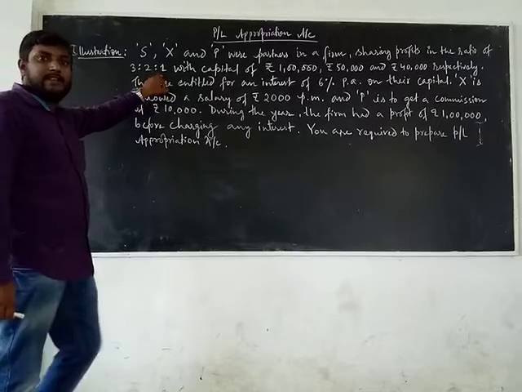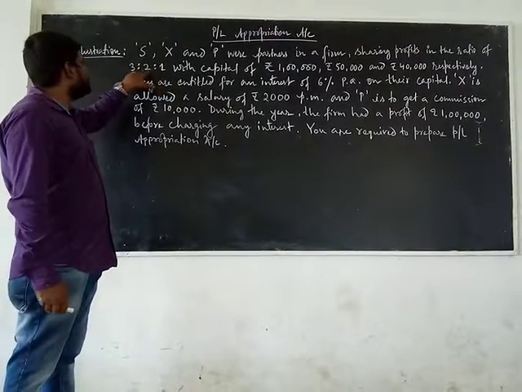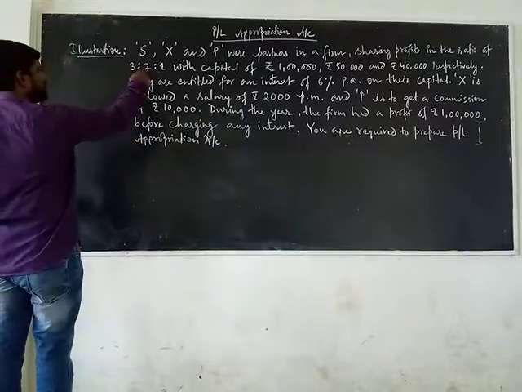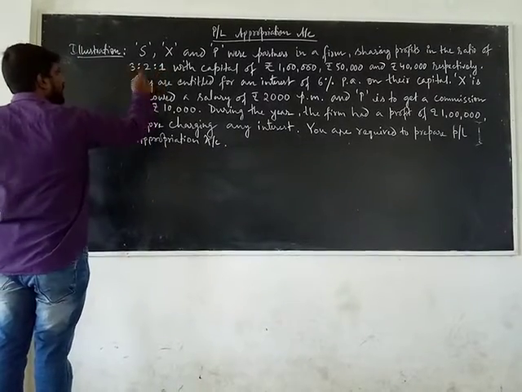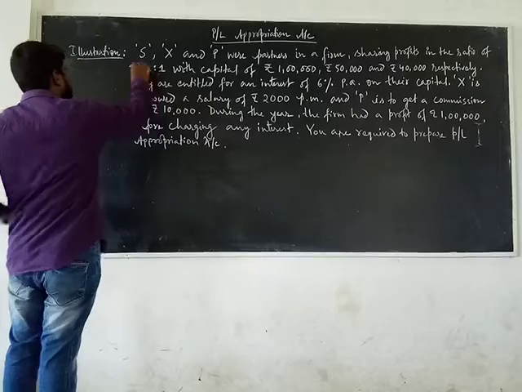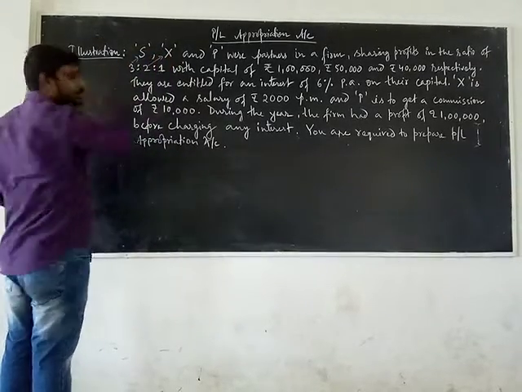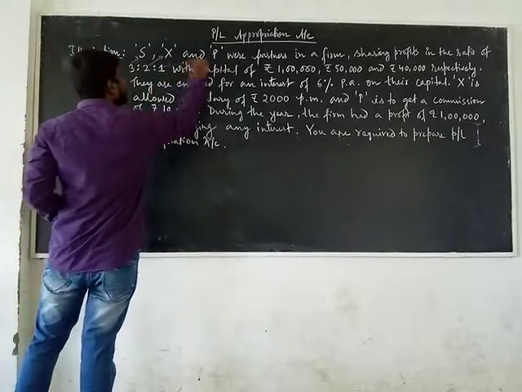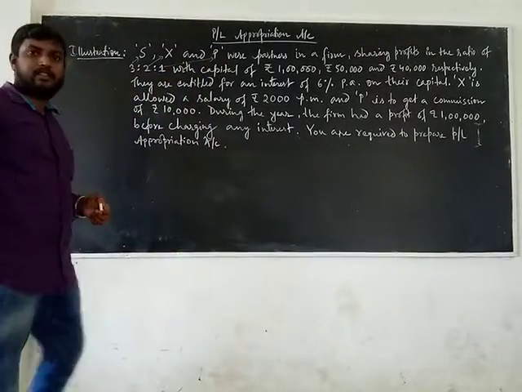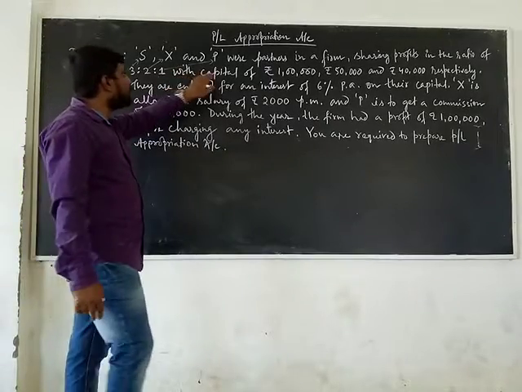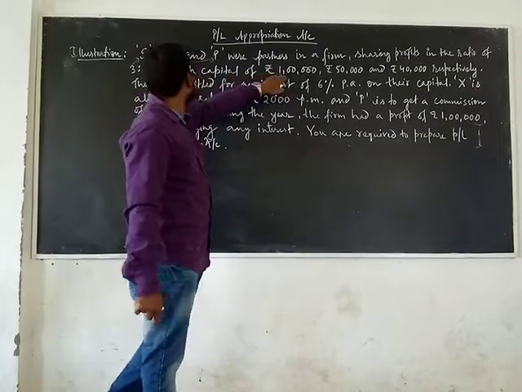So what is their profit sharing ratio? 3:2:1. So total is how much? 3 plus 2, 5 plus 1, 6. Out of total 6, three shares are for S, two shares are for X, and one share is for P. Is that clear?